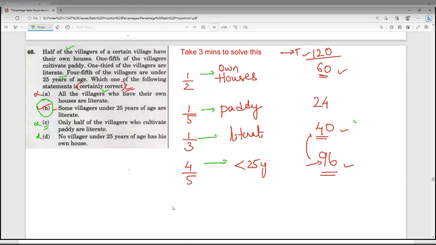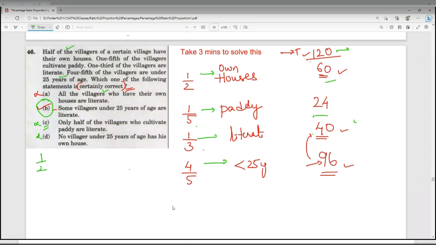So I wanted just a rough estimate. I have assumed the total number of villagers as 120, because they have only given the fractions and there are no absolute numbers. Half of 120 is 60. 1/5 of 120 is 24. 1/3 of 120 is 40. And 4/5 of 120 is 96.